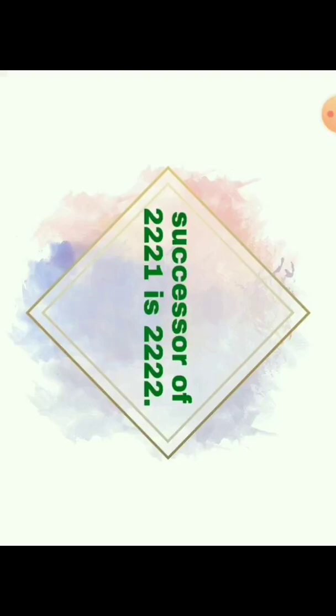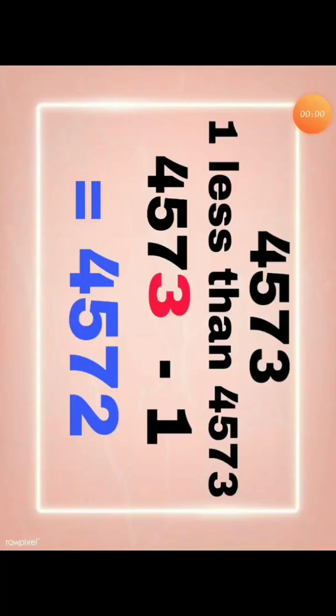Now, what is less than? Less than means we subtract 1 from any number, and for this concept we have to do subtraction. Let's move with an example. The example is 4573. Now what do we have to do?